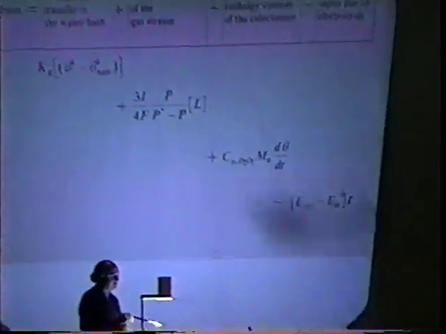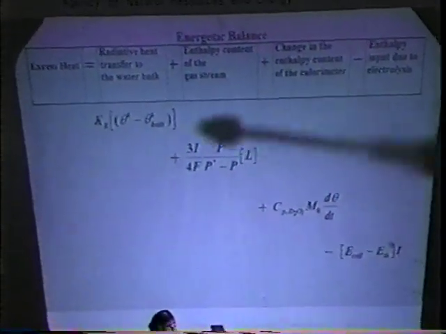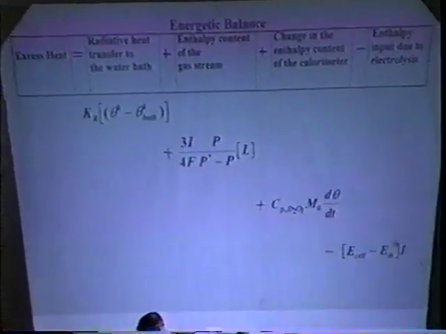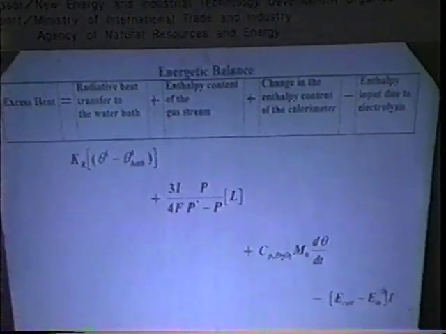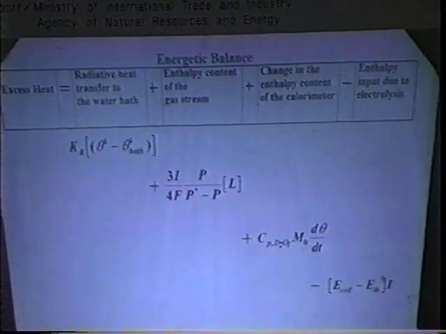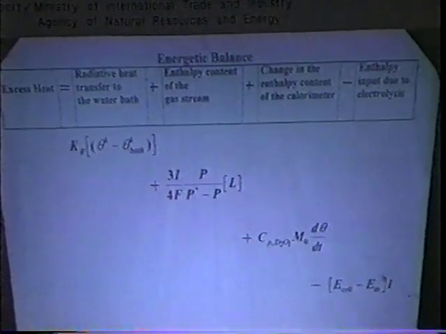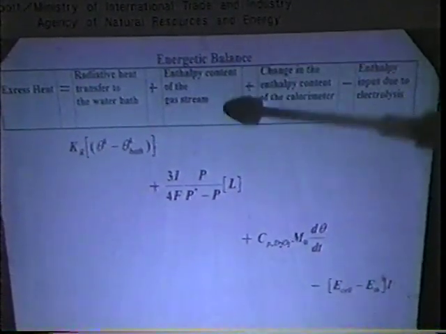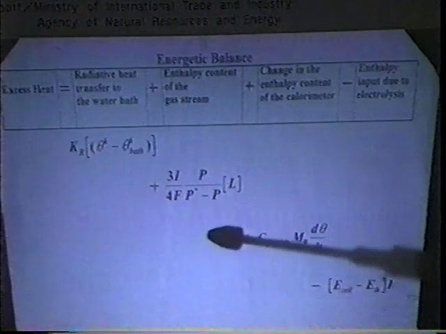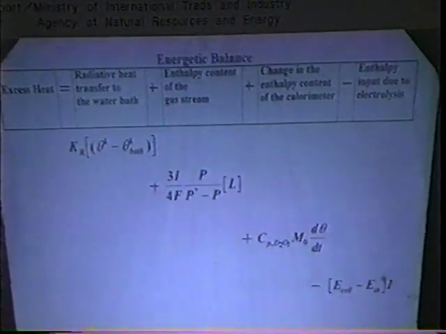This is the traditional radiation coefficient, K, which depends on the geometry, the dimensions, the nature of the surface of the material, and the temperature of the cell and the temperature of the bath to the fourth power. The enthalpy of the content of the gas stream is a bit more complicated to understand, but this is the water.